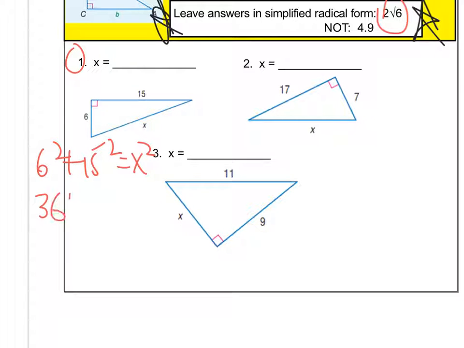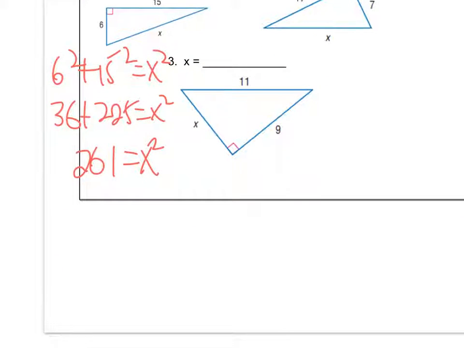So that's 36 plus 225 equals x squared. So that'll be, let's see, 261 equals x squared. So to solve, I want to take the square root of 261, which is not a perfect square. So I'm going to have to simplify the square root of 261.